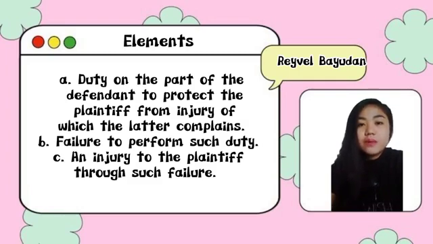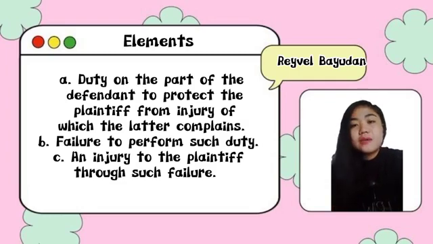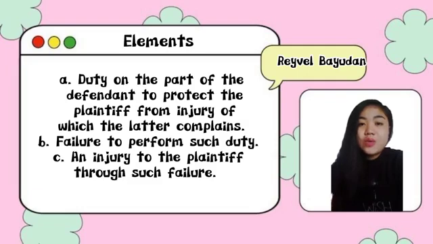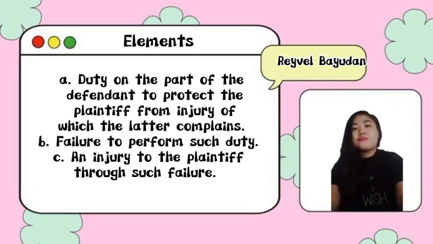So, paano mo maprotektahan yung plaintiff against injury and pain? So, you should follow the rules, you should follow the contracts, you should follow the law prescribed, and then you should follow the ordinary diligence para maiwasan yung pain and injury of the other party.